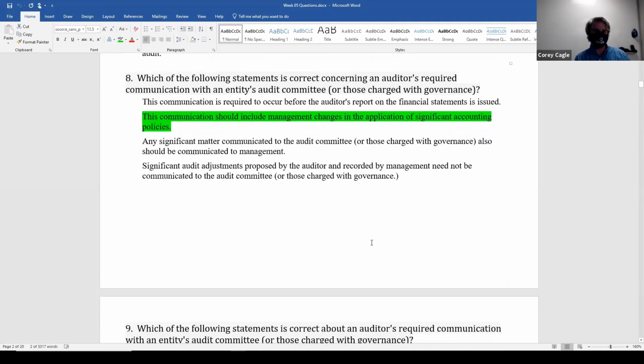You just got to see how they're using it. Which of the following statements is correct concerning an auditor's required communication with the audit committee? A says the communication is required to occur before the auditor's report on the financial statements is issued. That's not true for a non-public company.